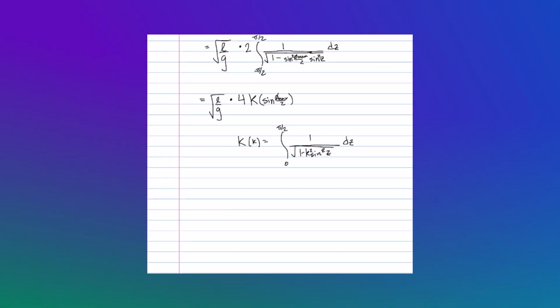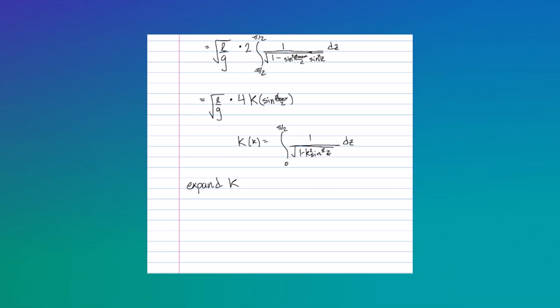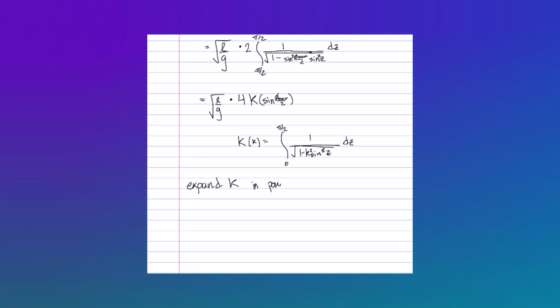This is a well-known type of integral, and so we can expand it in powers of k in order to further approximate our solution. But there is no closed form expression.